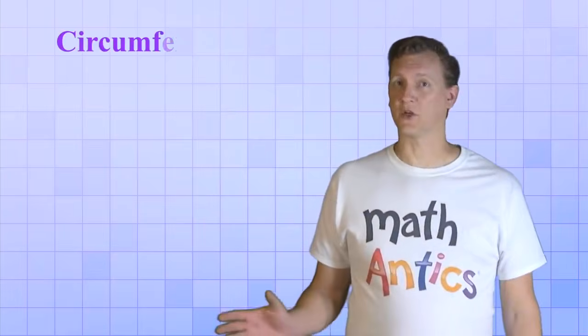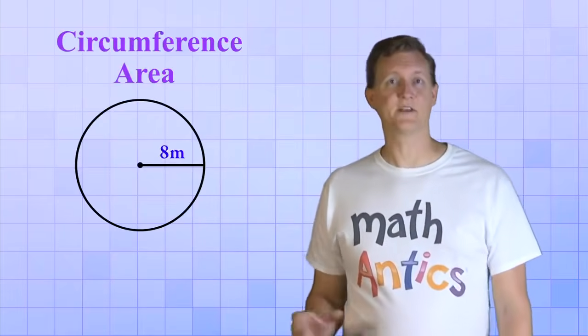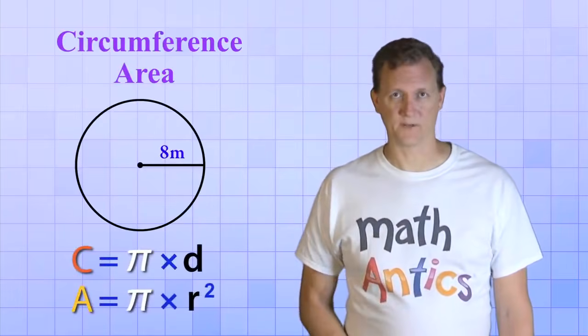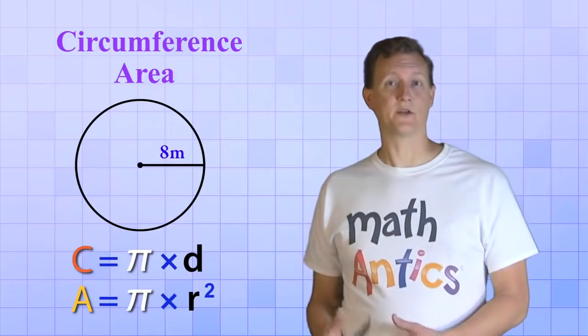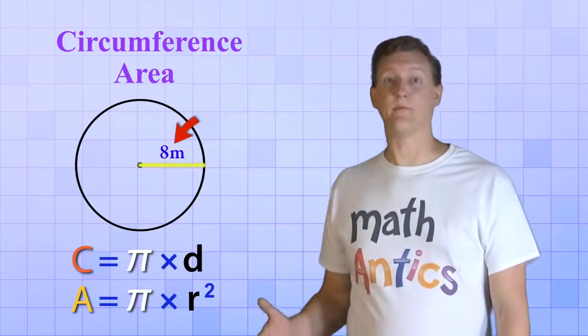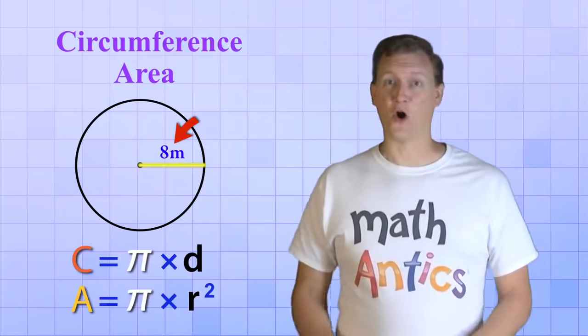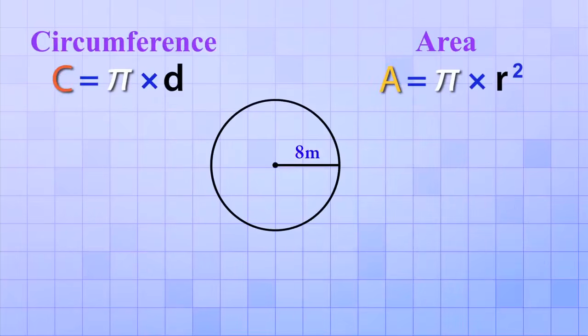To help you see that difference in action, let's find both the circumference and the area of this circle using our two formulas. The only thing we know about this circle is that the radius is 8 meters. Luckily, that's all we need to know. First, we use our formula for circumference. Circumference equals pi times diameter. To get the diameter, we take the radius and we double it.